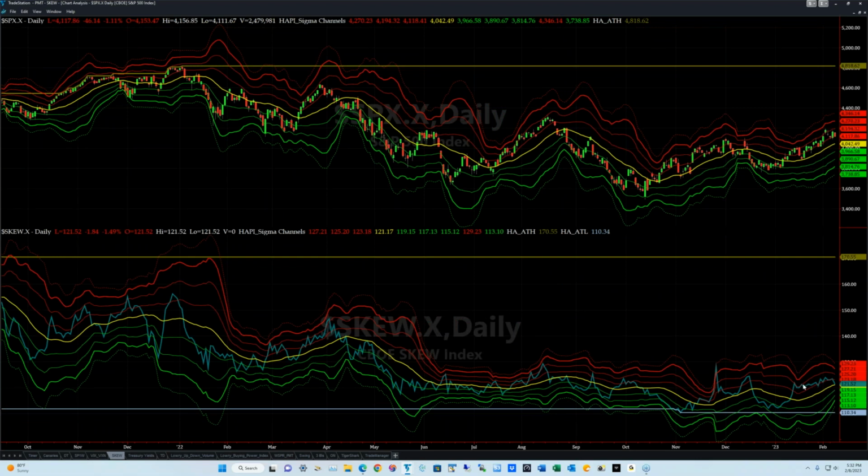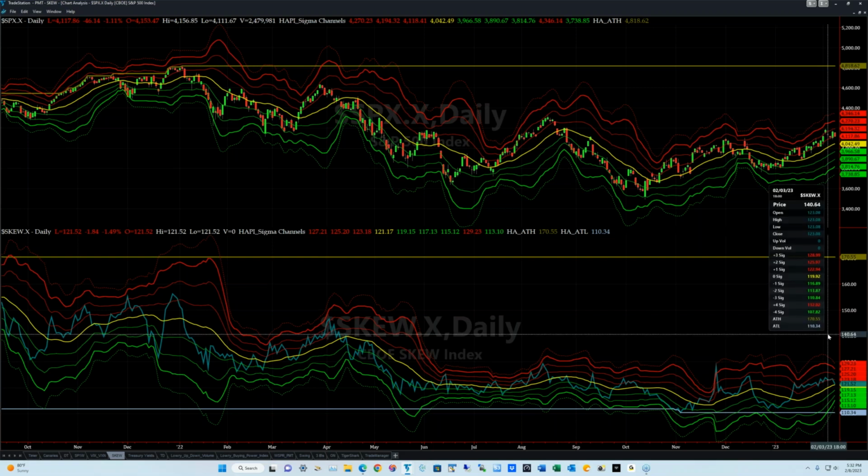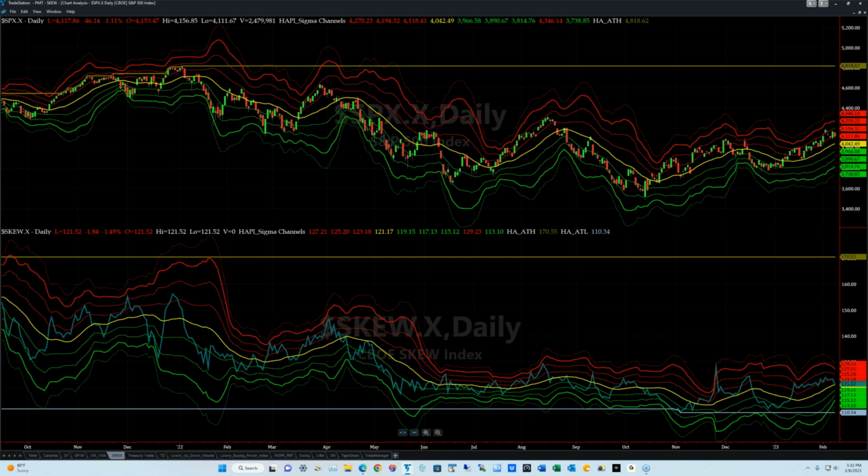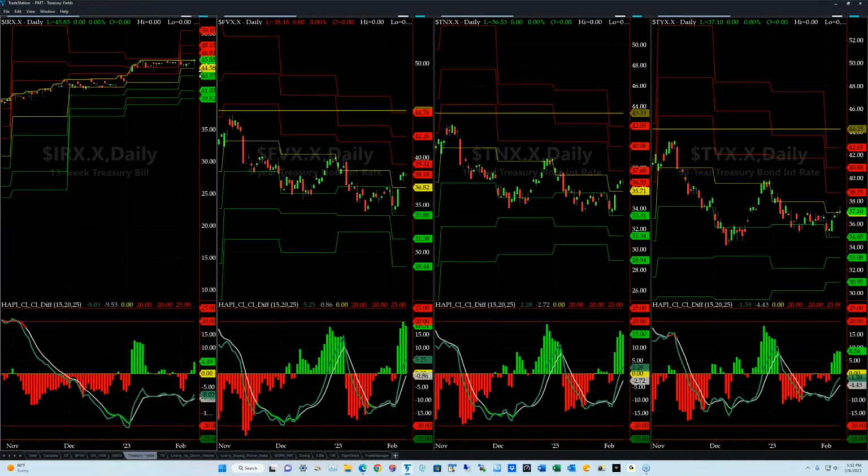It's been holding up between +1, +2. It just broke without having to zero. And the absolute value is 121. Remember, the range is 110 now to 170. So we're underneath this median, which is 140. So no signal here. I wouldn't go by that. Treasury yields, new highs are coming. No question. New highs are coming on the front end.